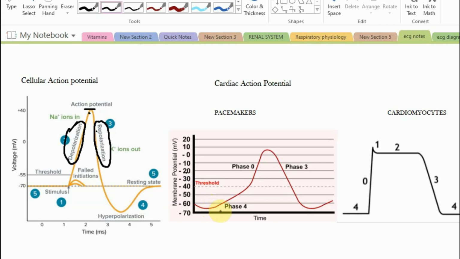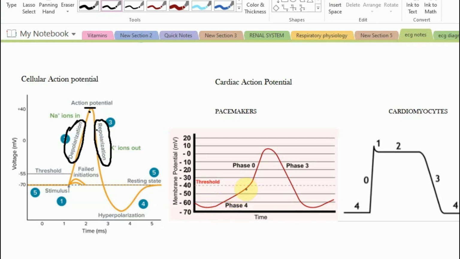Anyhow, going further, this movement of sodium through the funny channels slowly depolarizes and brings the membrane potential to its threshold potential. Again, as discussed, if the threshold potential is reached, there are voltage gated channels. Here, the voltage gated channels are the T type and L type calcium channels, which open, and there is a very strong inward influx of calcium along its concentration gradient, and this leads to a rapid depolarization, which is marked as phase 0.